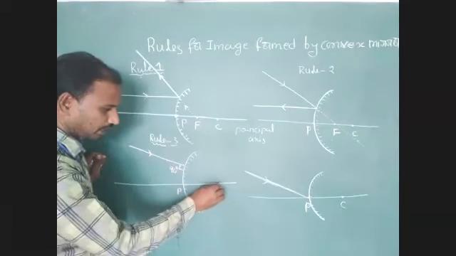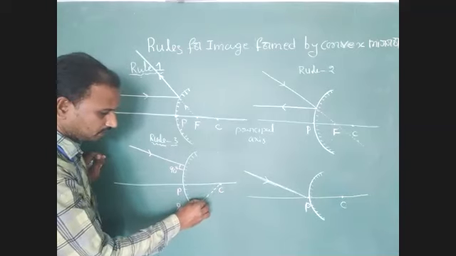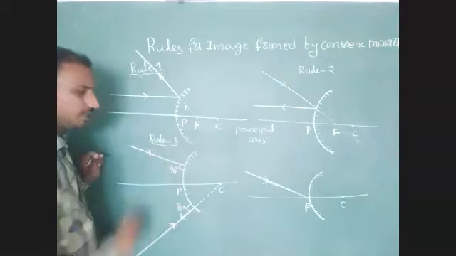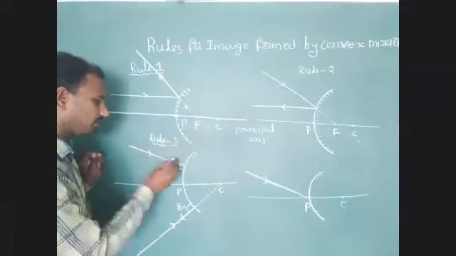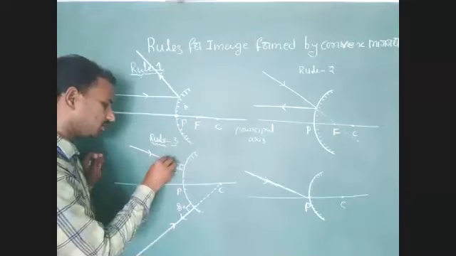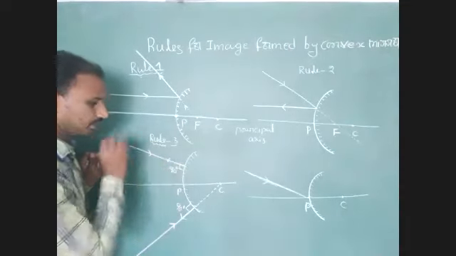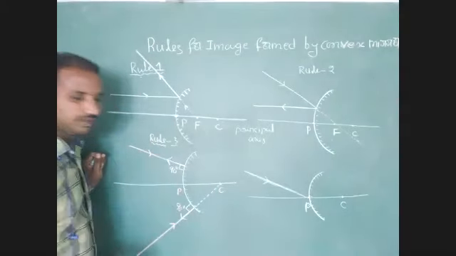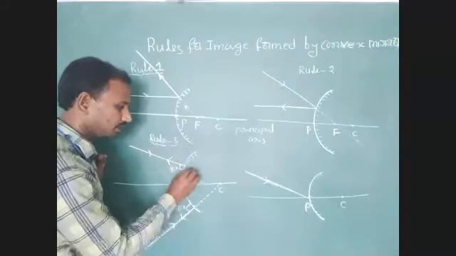This reflected ray appears from the center of curvature. Here also we have to consider the direction of the reflected ray: it rebounds into the actual path of the incident ray. We have to identify this point. This reflected ray appears from the center of curvature.